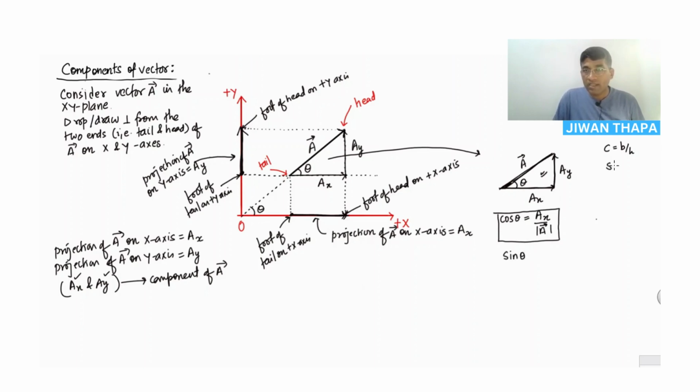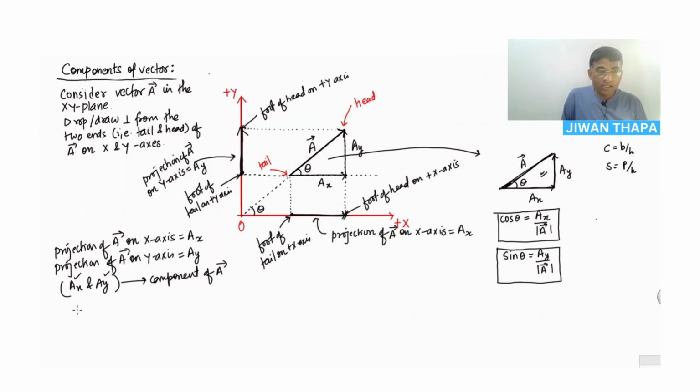We know sine equals perpendicular by hypotenuse. The perpendicular is AY and the hypotenuse is A, the modulus of vector A. So sine theta equals AY by A.